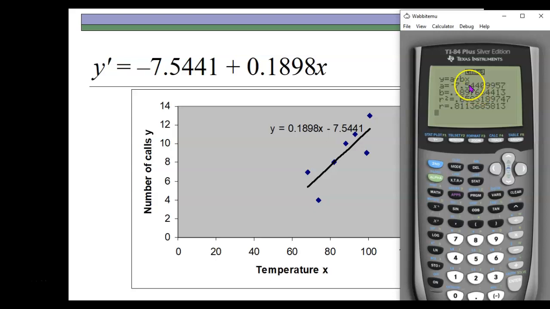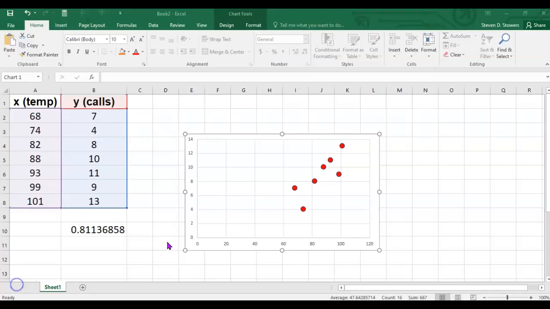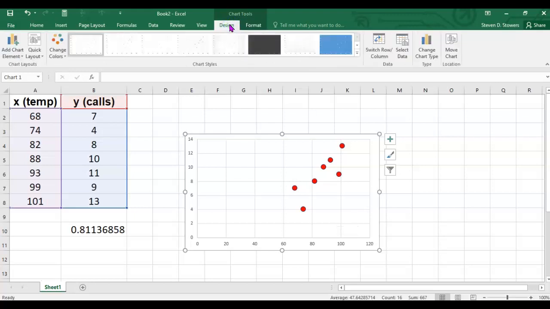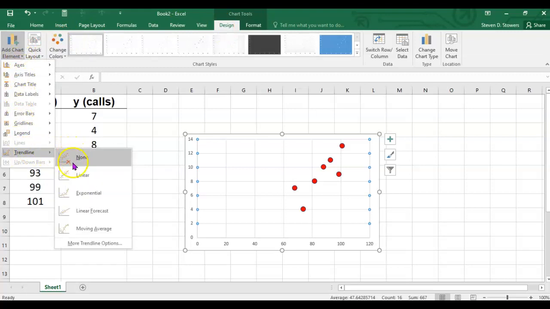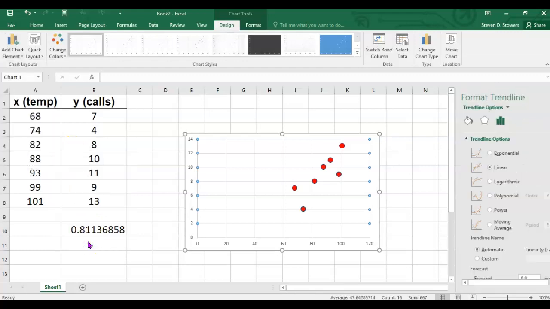And if you're doing this on Excel, there's more than one way you can ask Excel to give you the equation. One way is described in the book, but the way I like to do is make a scatter plot like we talked about last time. Then while you're on that scatter plot, click on Design, Add Chart Element, Trend Line, go down to More Trend Line Options.